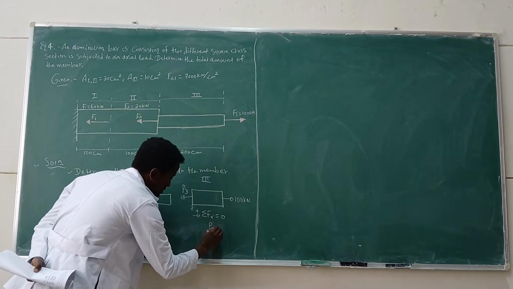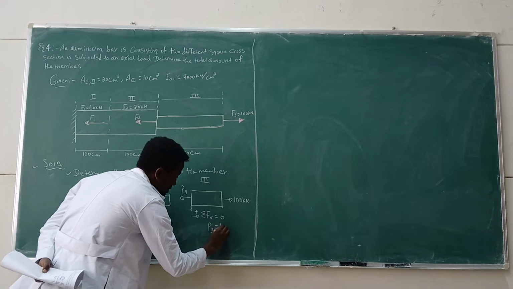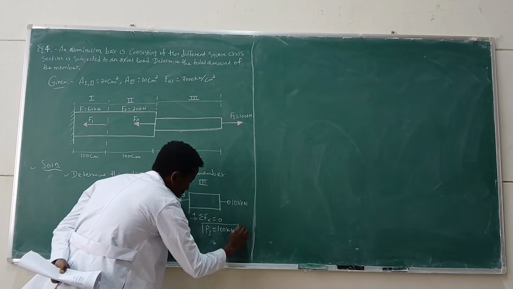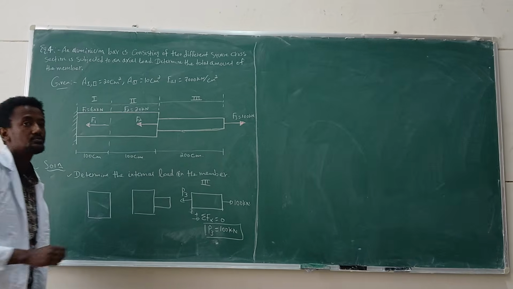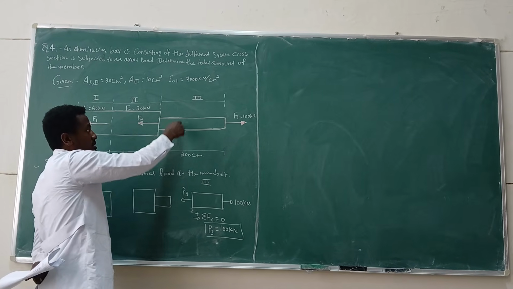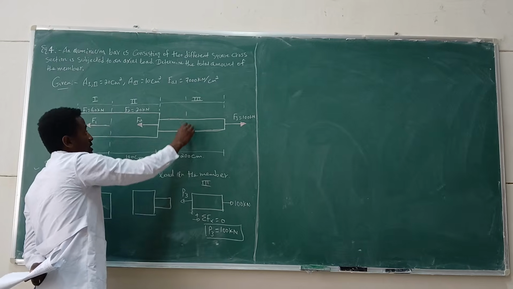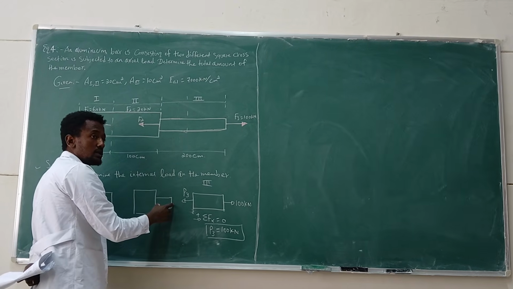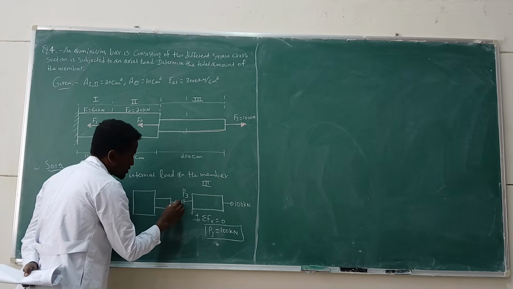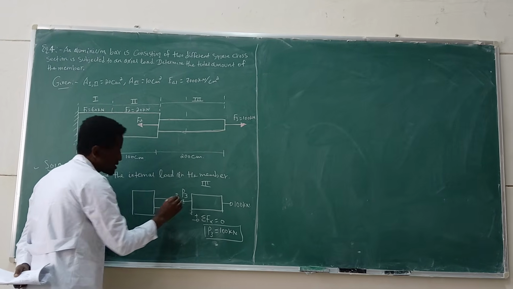P3 is equal to 100 kilonewton. The internal force is equal at this part, therefore this is also P3.